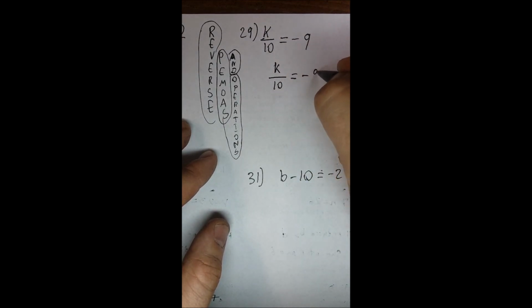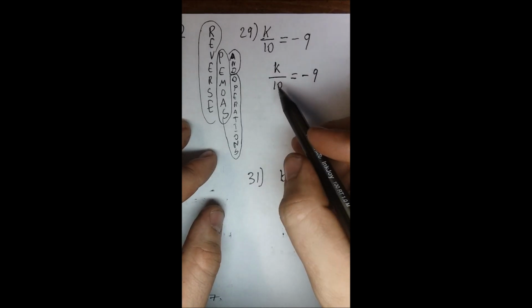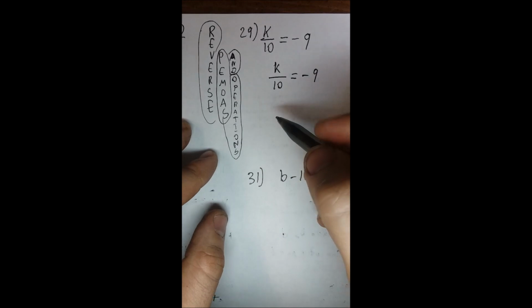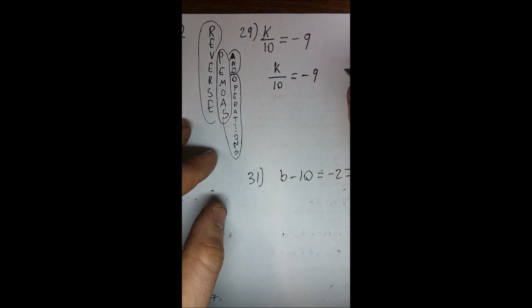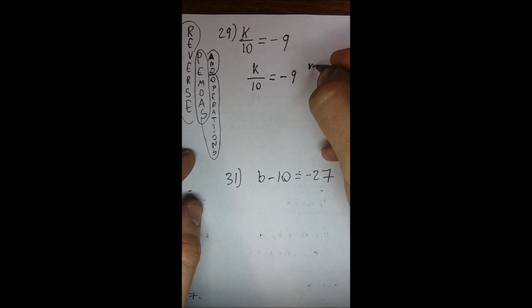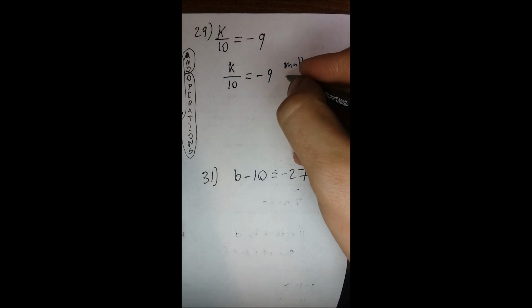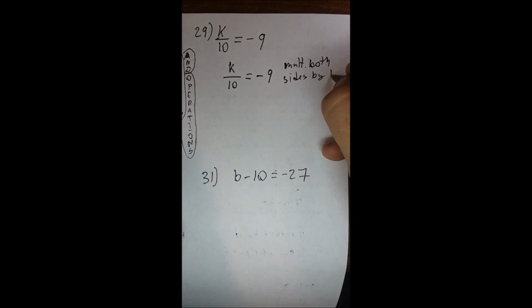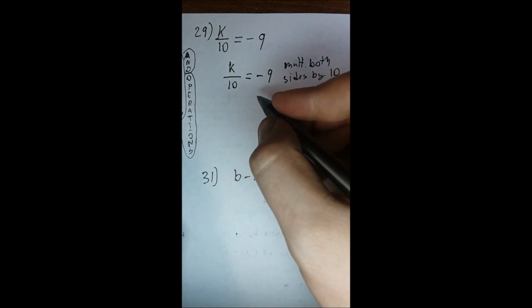So check it out. K divided by 10. If you divide K by 10, to undo it, the opposite of division is multiplication. So we need to multiply both sides by the same number, and that number has to be 10 if you want to isolate it.